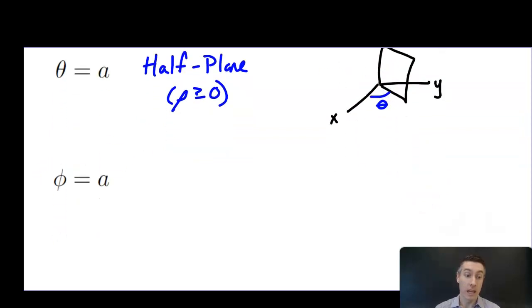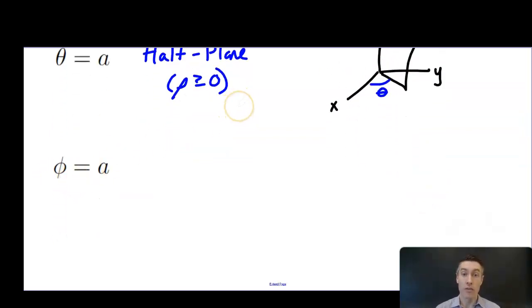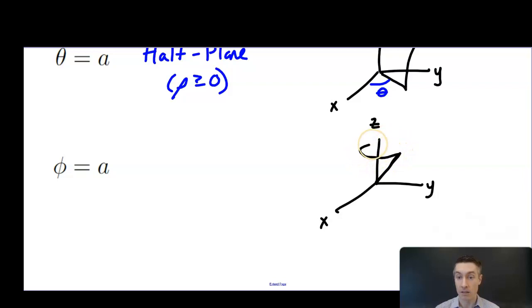And then phi equals a. So if we come off the z-axis, I'll actually sketch this one before we identify it. So if we come off a specific angle, where theta could be anything, we would take this and rotate it around the z-axis. And that rotation around the z-axis is going to create a cone.